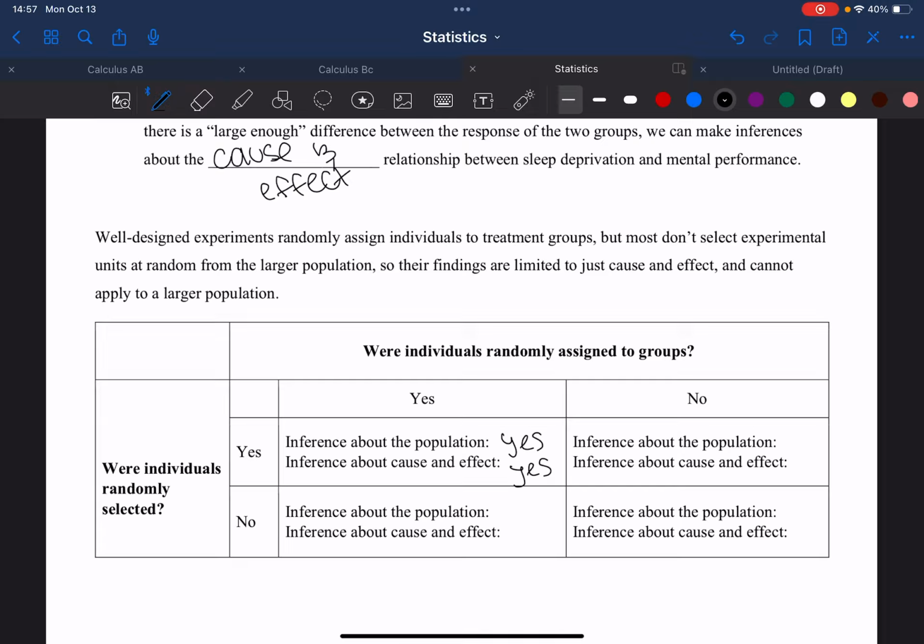Okay, if both of them are no, both of these, about population and cause and effect, are no. If the individuals were randomly assigned, but were not randomly selected, then we cannot make an inference about the population, but we can make an inference about cause and effect. And if individuals were not randomly assigned to groups, but were randomly selected, then we can make an inference about population, but not an inference about cause and effect.